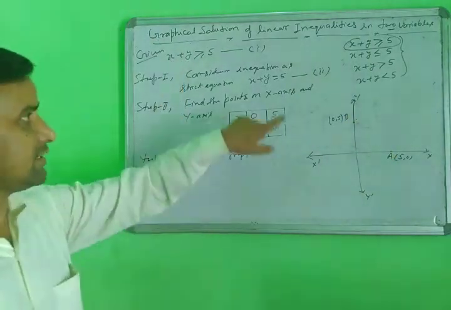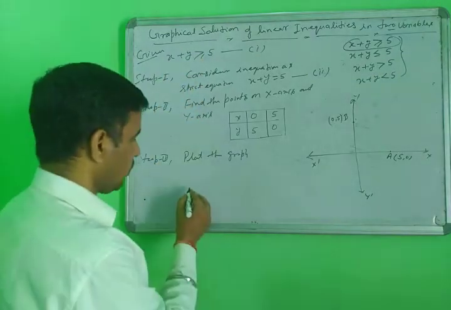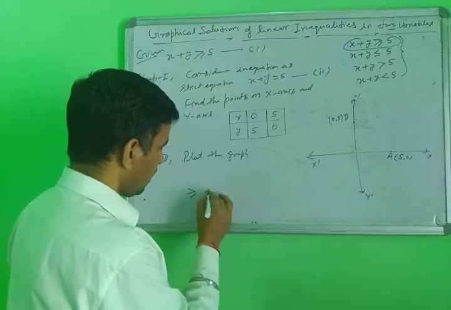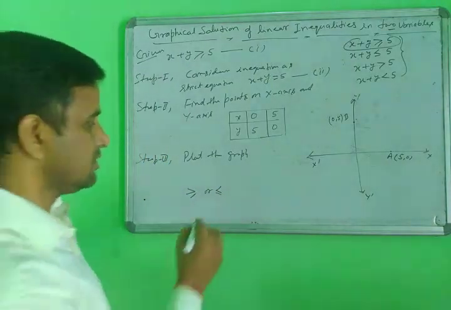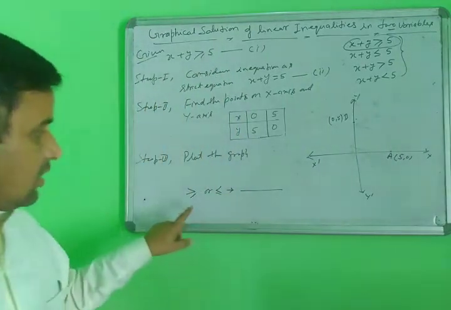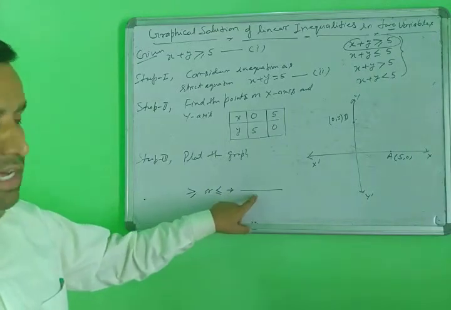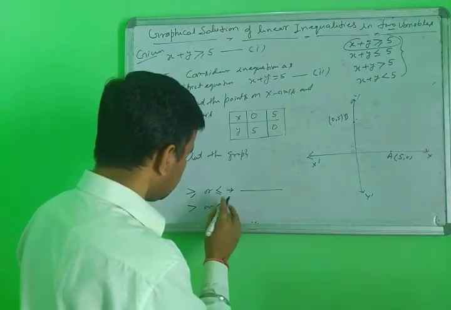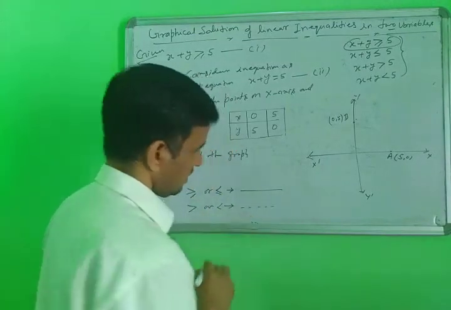So how to join? First we will check the symbol. Suppose your symbol is only greater than or equal, or less than or equal. If you have any one of these two symbols, then you will draw the dark line. Greater than or equal and less than or equal symbols represent the dark line, and less than or greater than symbols always represent the dotted line.